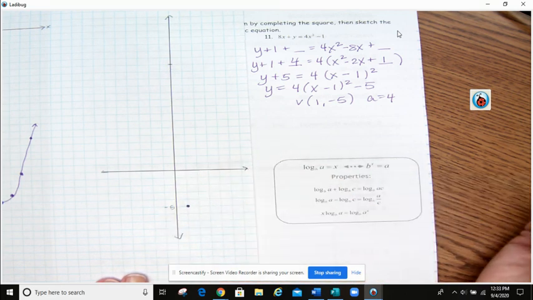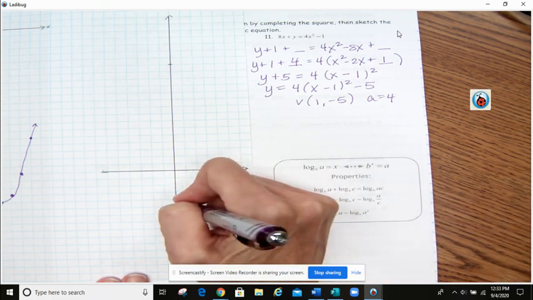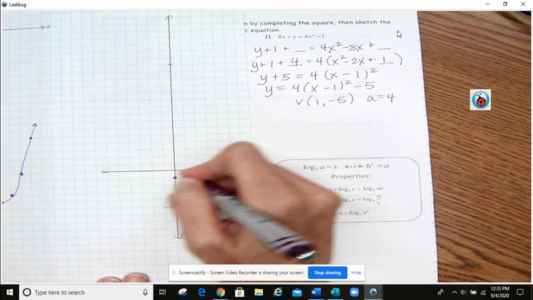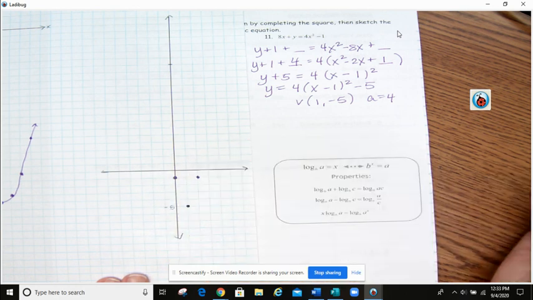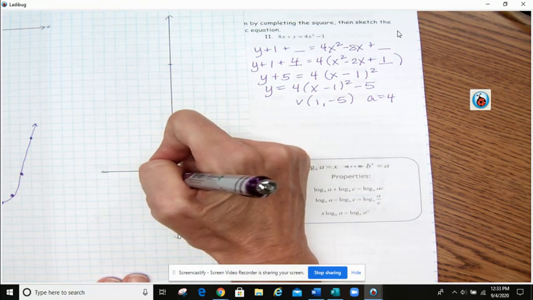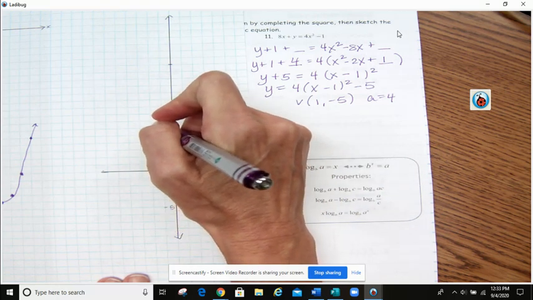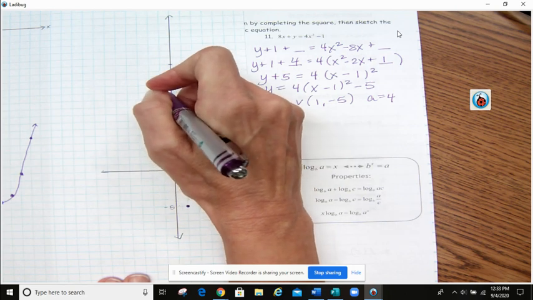So we're going to still use 1a, 3a, 5a, except a is a little bigger now. So 1a would be over 1 and up 4, because that's what a is. So the next move would be over 1 and up 3 times a, and 3 times a is 12. So I have to go over 1 and up 12. Over 1, up 1, 2, 3, 4, 5, 6, 7, 8, 9, 10, 11, 12.